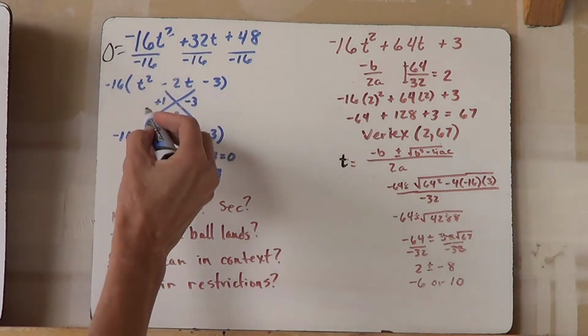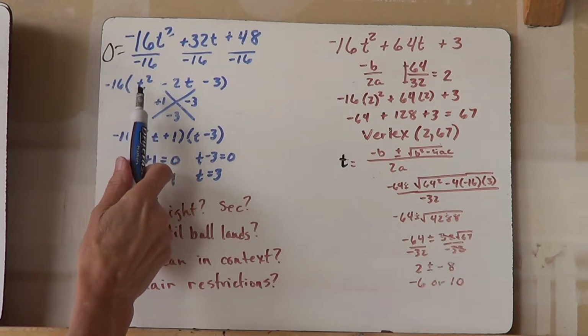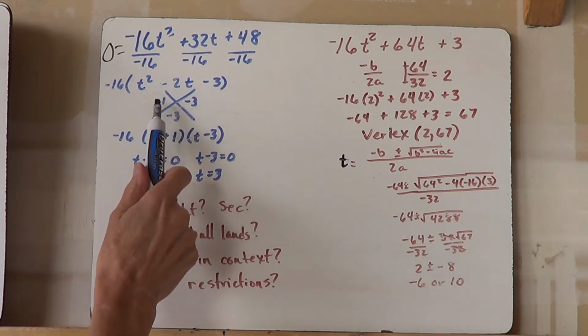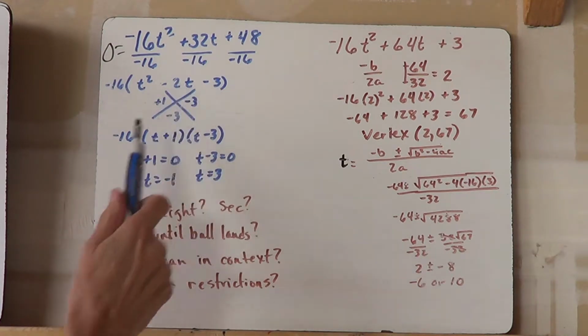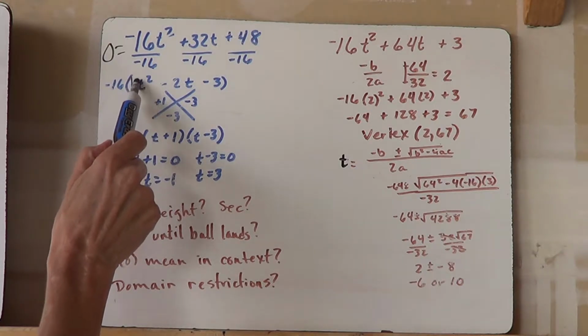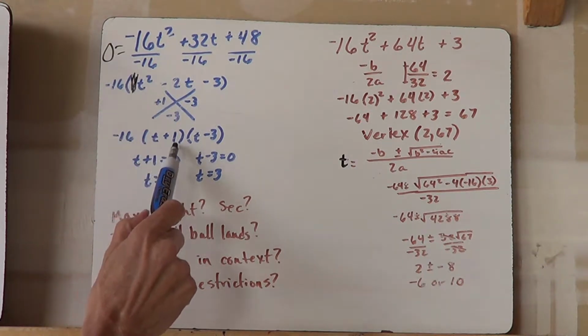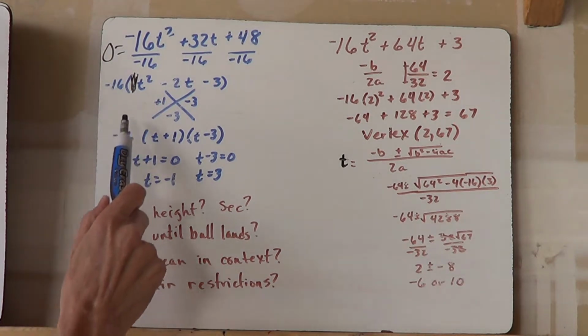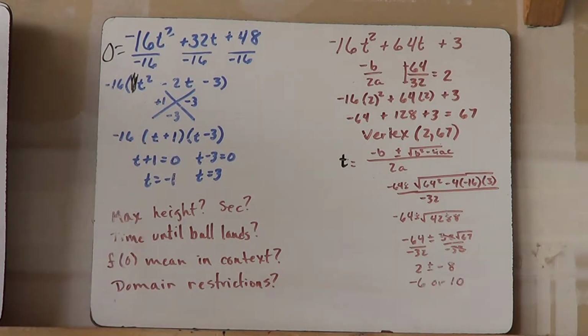And then I did the x-game, because what I had left was t squared minus 2t minus 3. So I knew that negative 3 and a positive 1 would work as my middle terms. Because there's a 1 right here in front of this, I could go straight to my answer and put the positive 1 and negative 3 in there. The negative 16 doesn't have a variable, so we don't worry about it being a 0.